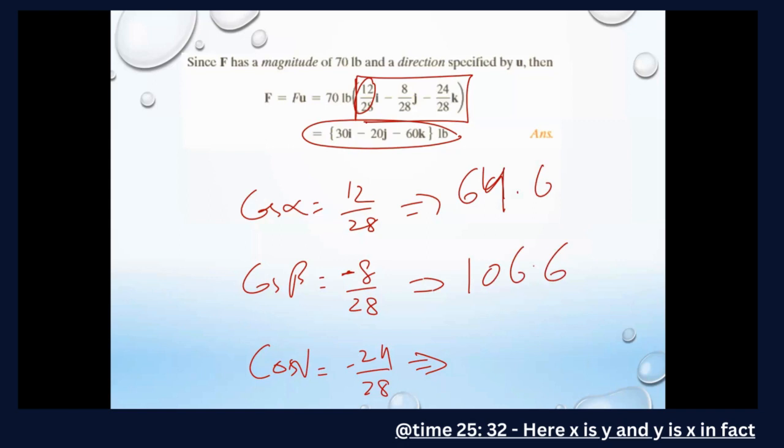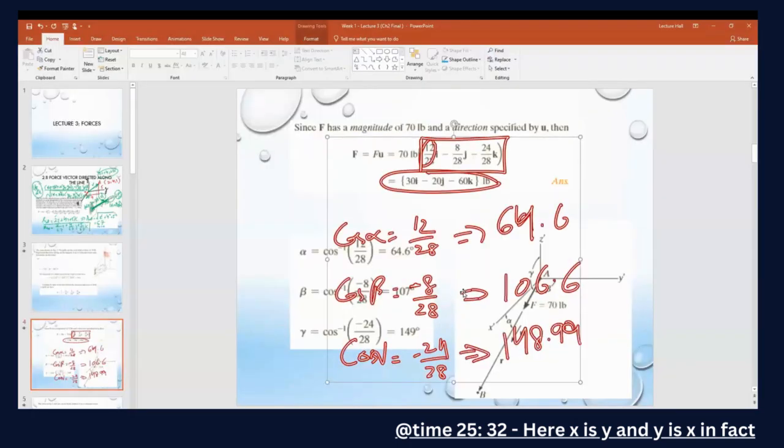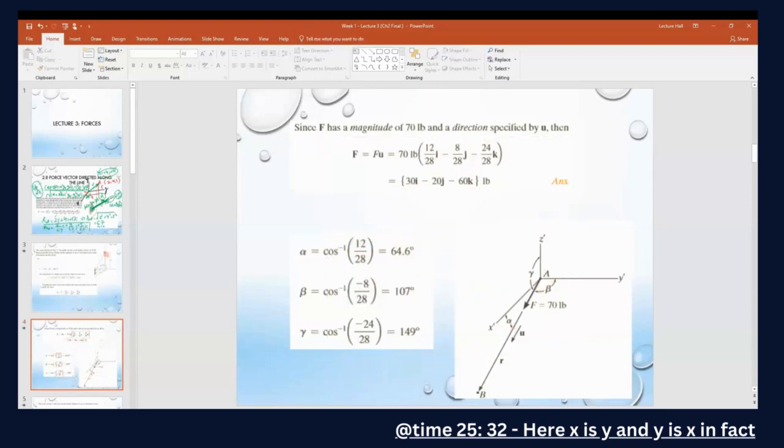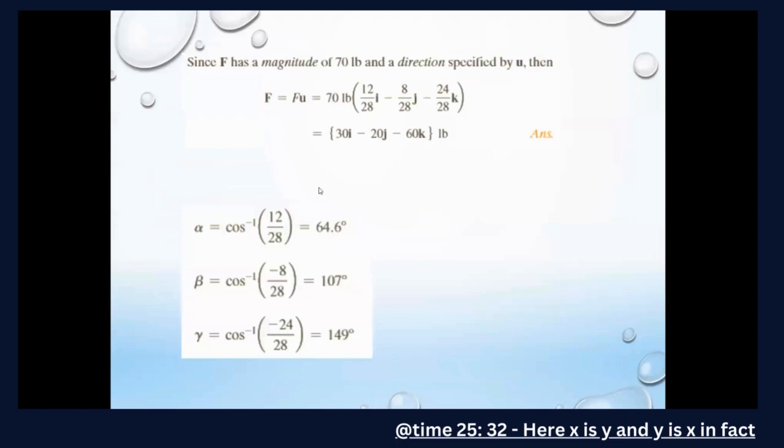And the last one is 148.99, about 149. Students, make sense? These are the numbers that you are getting.